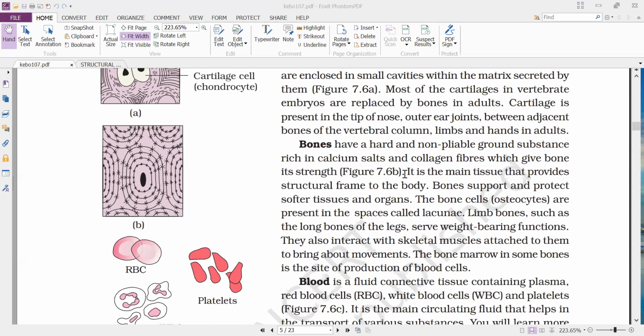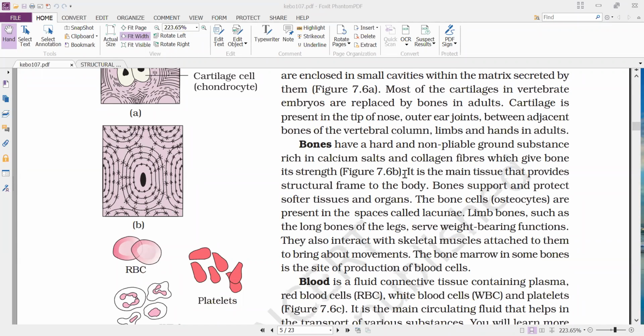That's why we say hard and non-pliable, because of the presence of the ground substance, which is rich in calcium salts, and it also consists of a large number of collagen fibers. That's why it is very hard. Bone is one of the hardest parts of the body. Why is it so hard? Because of the deposition of calcium salts and the presence of collagen fibers.